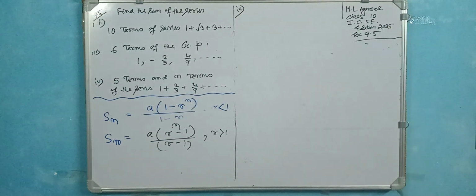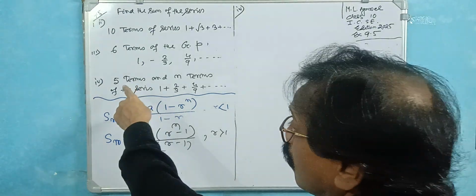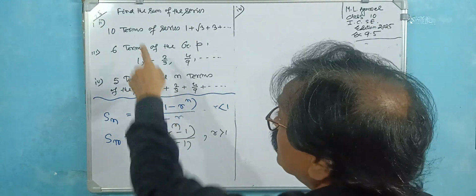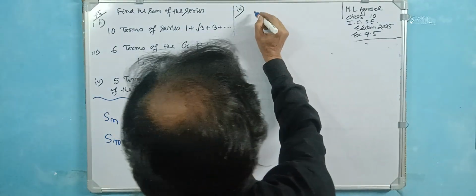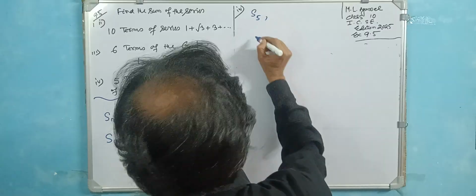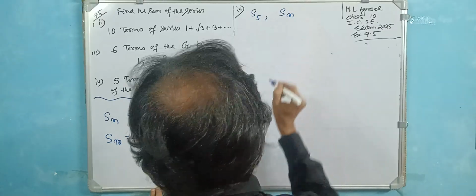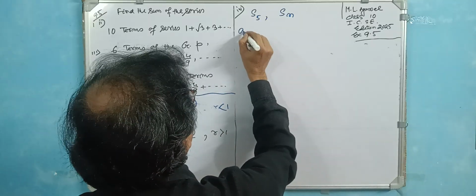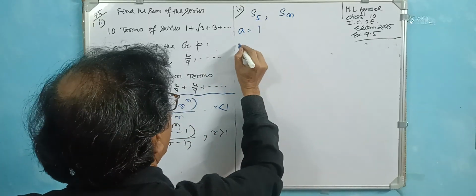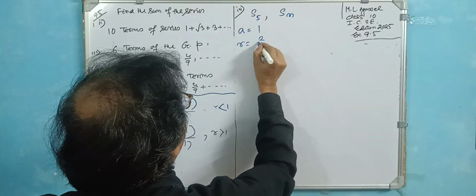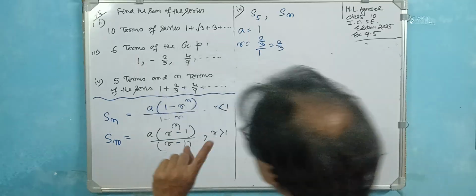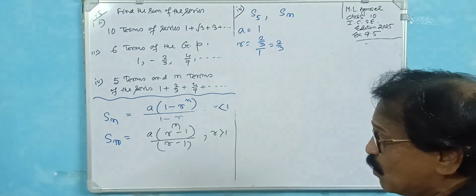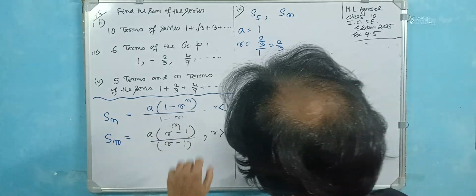What's this? So, 5 terms and the n terms of the series. Find the sum of the series. Two answers, one is 5 terms, S5, and what is S8. Given series, A is 1, R is 2 by 3 by 1, that is actually 2 by 3, and 2 by 3 is less than 1, R less than 1, use this formula.